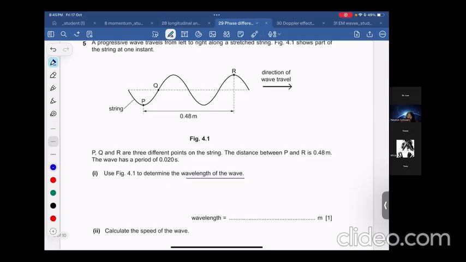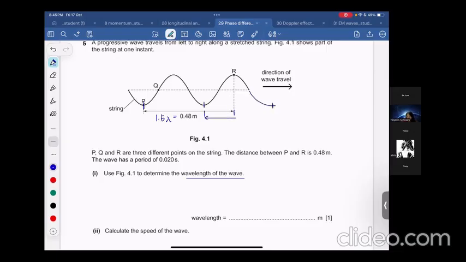Here, from trough to trough is one complete wave. Trough to another crest is actually half of it.